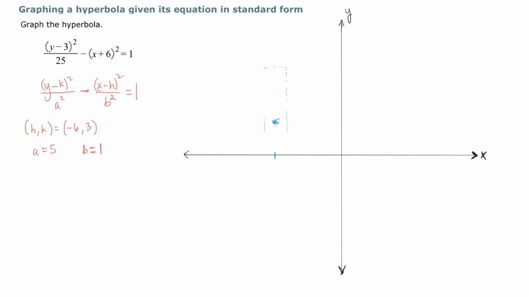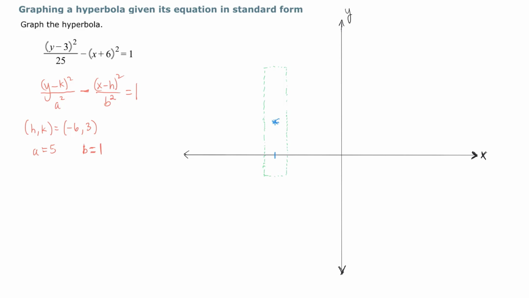And so you have this little narrow rectangular box. And I'm drawing it dotted. That's going to be key. This hyperbola, because the y values are first, is going to have 2 branches opening up and down.